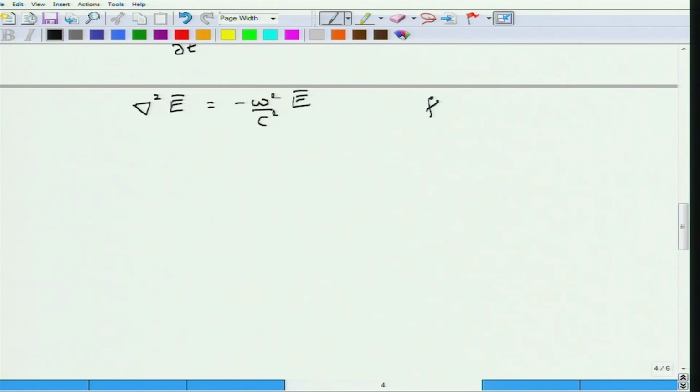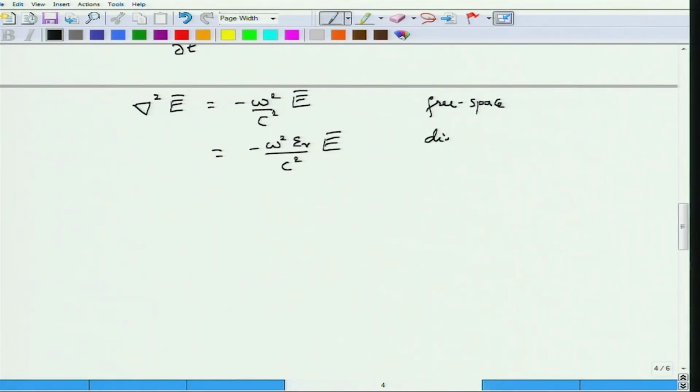This is for free space, for which mu 0 and epsilon 0 were there. If it is not free space, then you would actually have epsilon r here, c square is still down, because epsilon is epsilon 0 into epsilon r, but mu 0 into epsilon 0 is actually 1 by c square. So I get omega square epsilon r by c square.